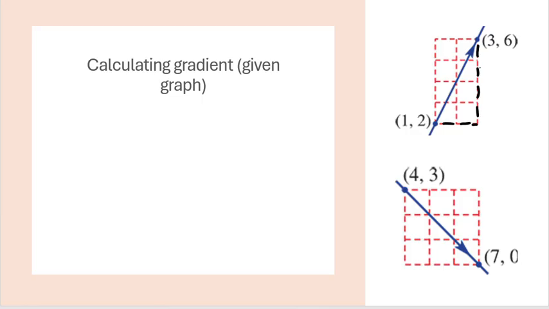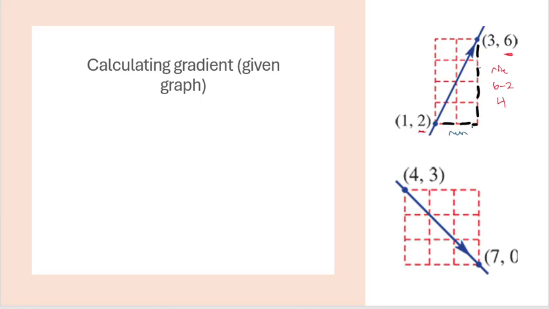What is the run? Remember, rise is the vertical change, so look at the y values on the coordinate points. I have 6 and I have 2. What's the change there? Rise is 6 minus 2, which equals 4. That means my rise is 4.